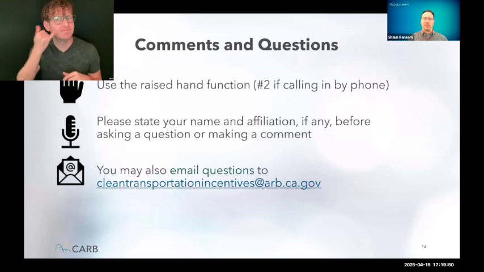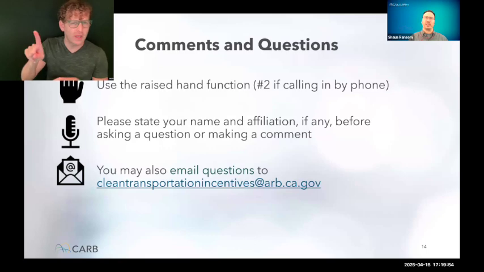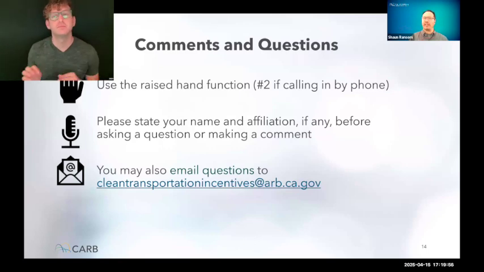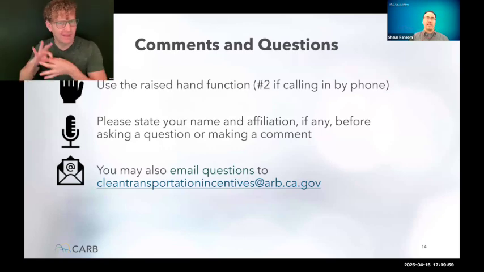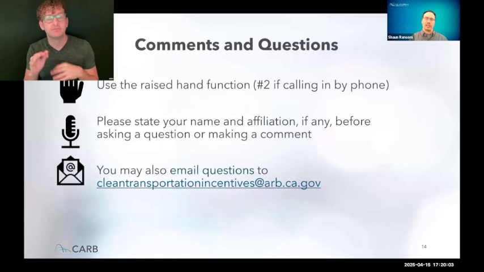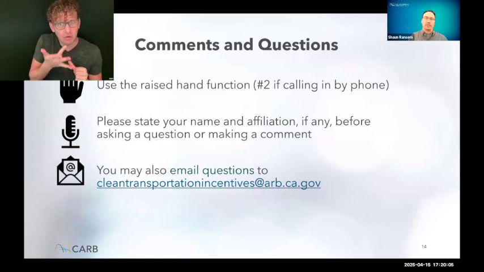We have 22 CBOs across California, and that number is actually increasing, so I think we'll have about 25. I'm not sure if you're familiar with that process, happy to talk more offline, but essentially we're allowing those CBOs to distribute e-bike incentives through their program directly to their local communities.